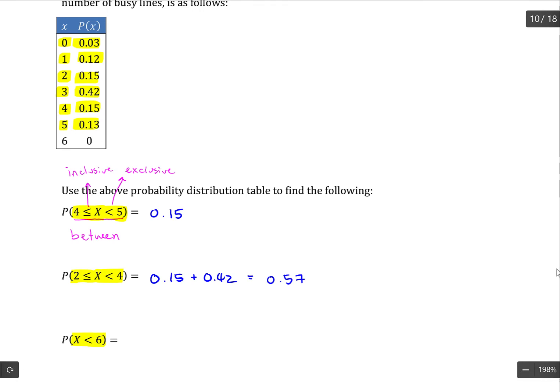Now, if you'll notice, this last probability is 0, which means the sum of all of these probabilities together is 1. So the sum of my highlighted ones in this case is equal to 1.